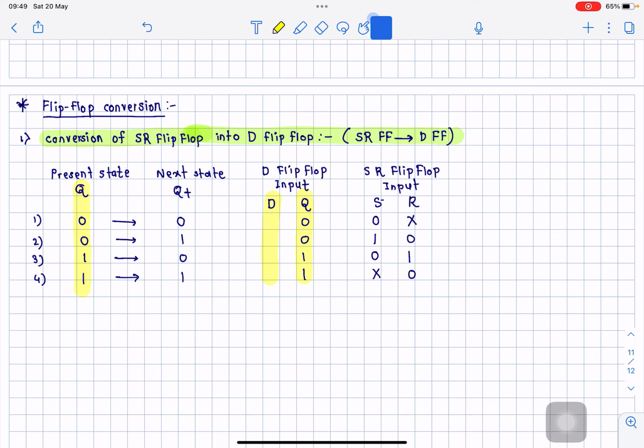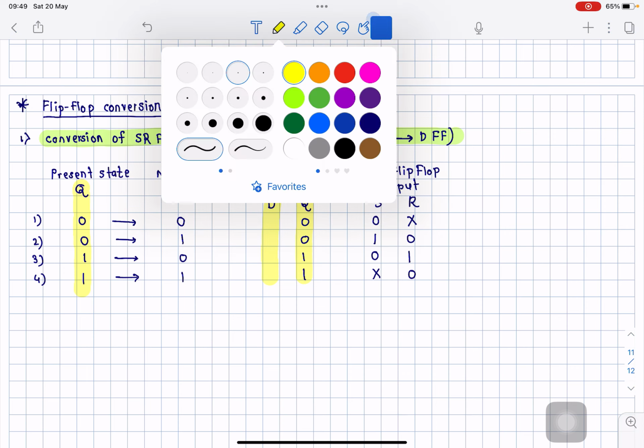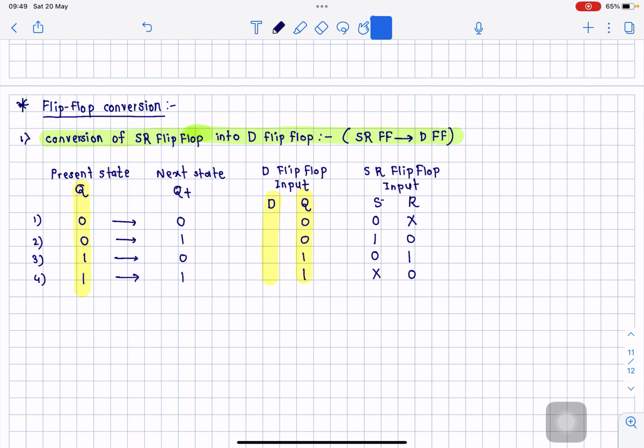We know that whatever you give at the D input, the same value will appear at the next state output. So in order to get the next state 0, we should give D equal to what? Here 0, right? Now see the second condition, present state is 0, next state is 1. So when the next state is 1 you need to give D equal to 1, right?